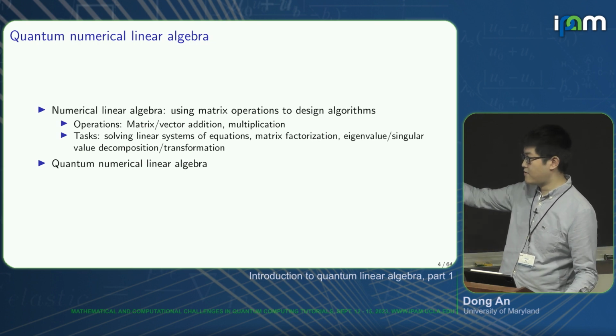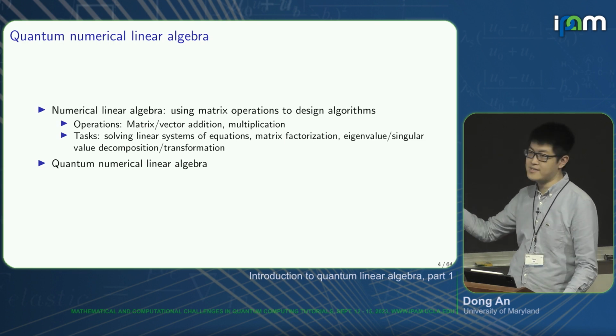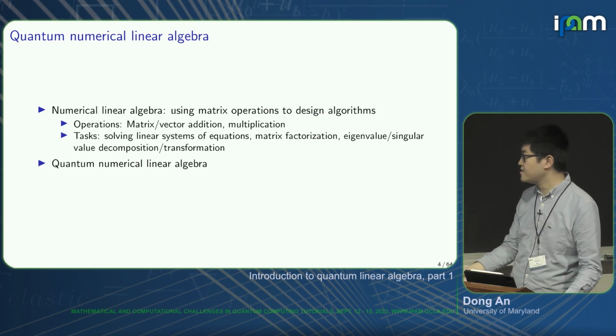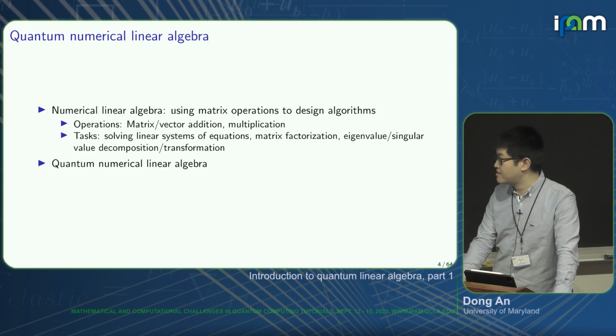Here I list a few: solving linear systems of equations, matrix factorization, eigenvalue or eigenvector problems, singular value problems, and spectral or singular value decomposition. Those are some standard topics for numerical linear algebra.